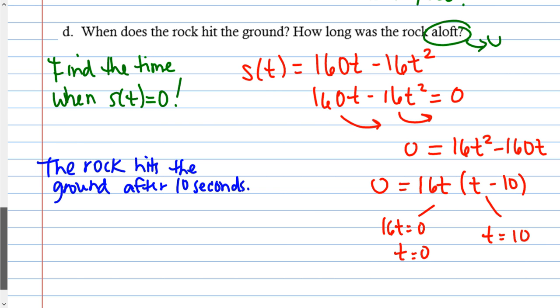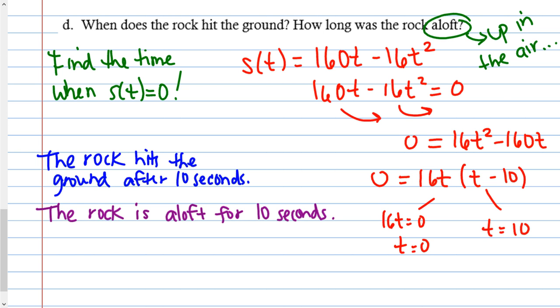So if the rock hit the ground after 10 seconds, then how long was it up in the air? 10 seconds. It is the same answer, just looking at it two different ways. So there's the answer. The rock is aloft for 10 seconds.